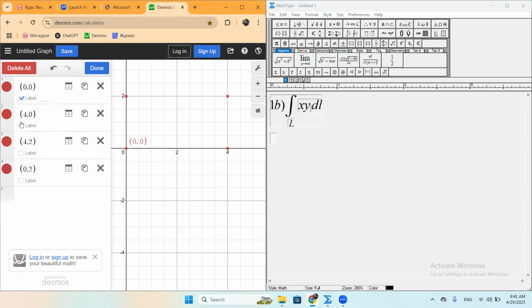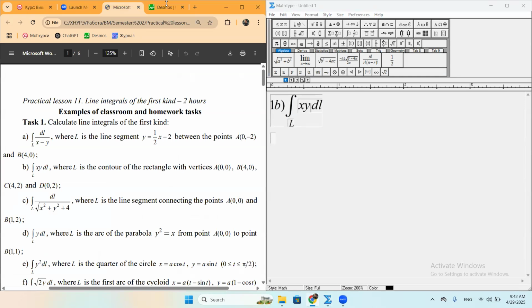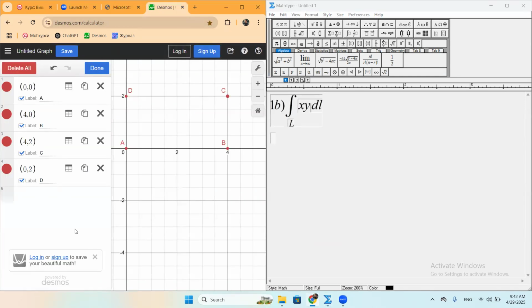And also let's make labels for them: A, B, C, and D. Okay, so done with it.